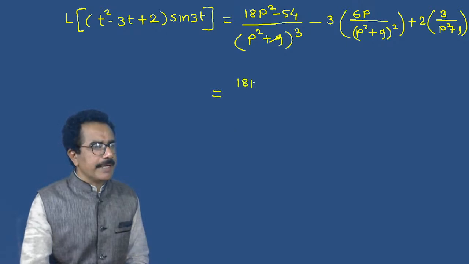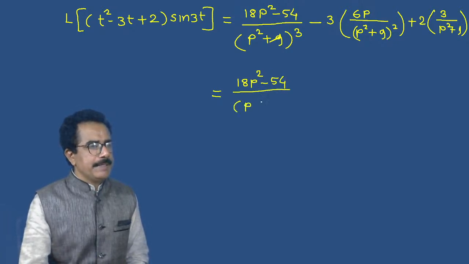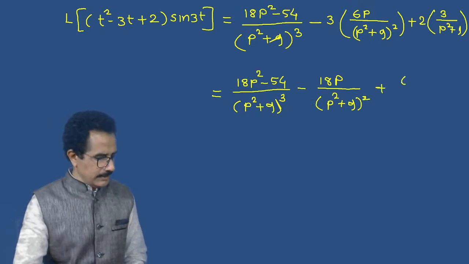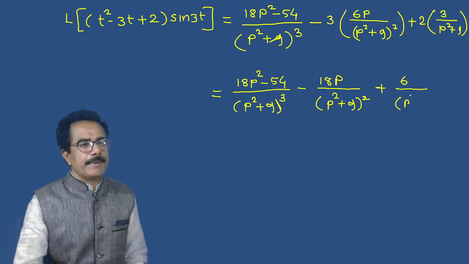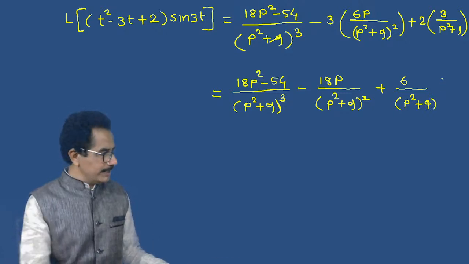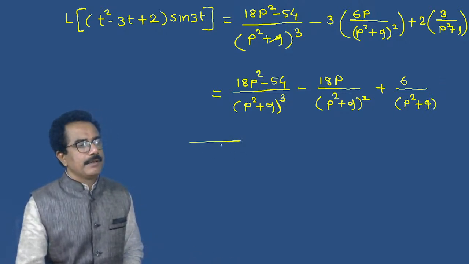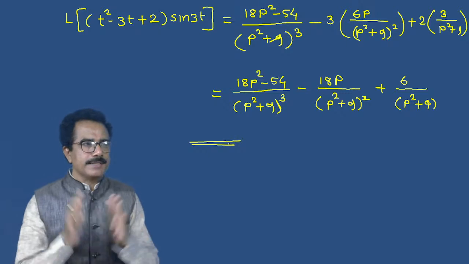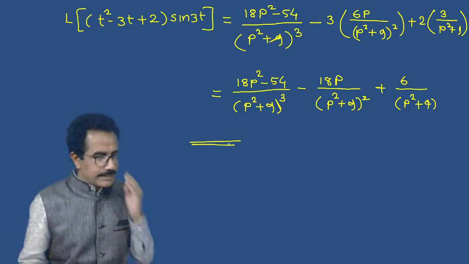So 18p square minus 54 divided by (p square plus 9) bracket raised to 3, minus 18p divided by (p square plus 9) bracket square, plus 6 divided by p square plus 9. Okay, so this is the final answer for the Laplace transformation of t square minus 3t plus 2 into sine 3t.